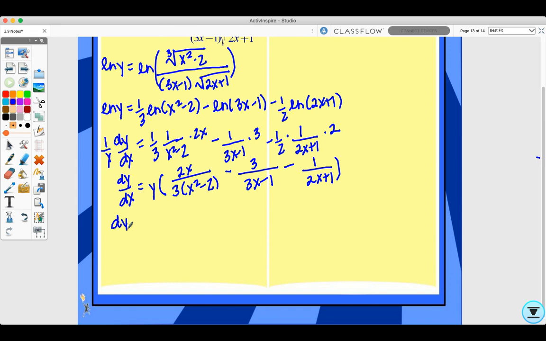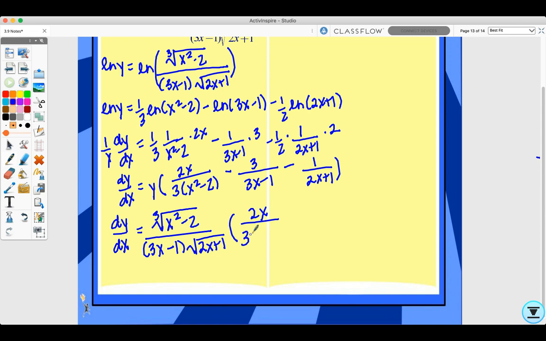So I would have dy dx equals the cube root of x squared minus 2 all over 3x minus 1 times the square root of 2x plus 1. And this is all multiplied by 2x all over 3 times x squared minus 2 minus 3 over 3x minus 1 minus 1 all over 2x plus 1.